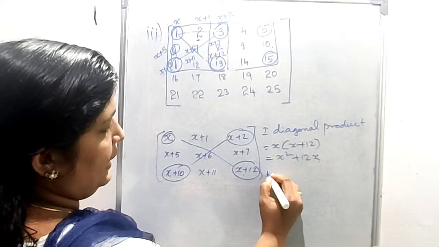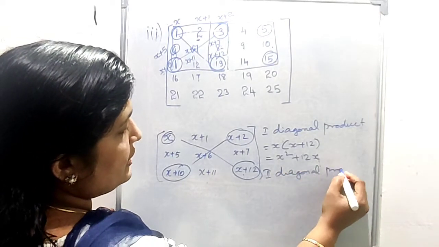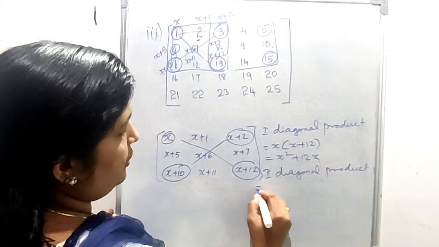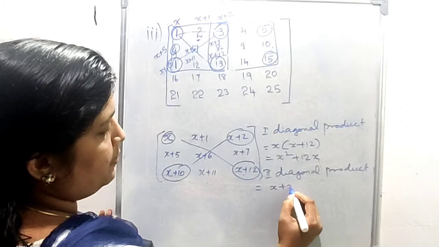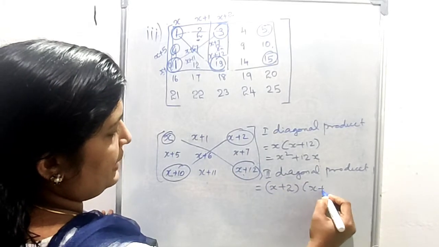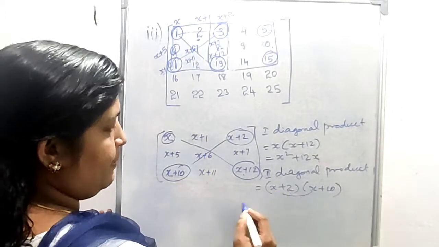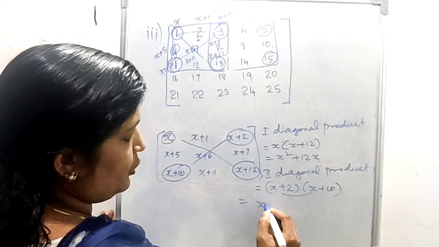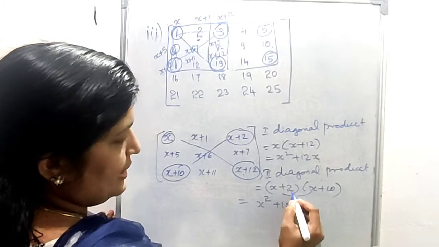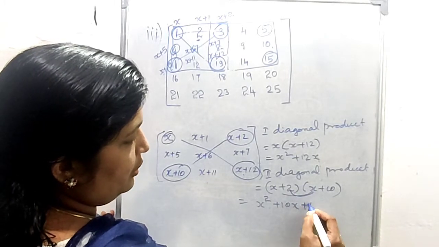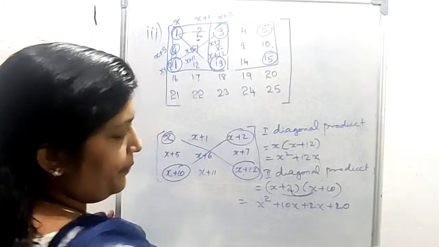Then what about the second diagonal product? The second diagonal product is equal to x plus 2 and x plus 10, those two numbers. So x plus 2 into x plus 10. Using the second identity we expand this: x into x is x square, then x into 10 is 10x, then 2 into x is 2x, then 2 into 10 is 20.